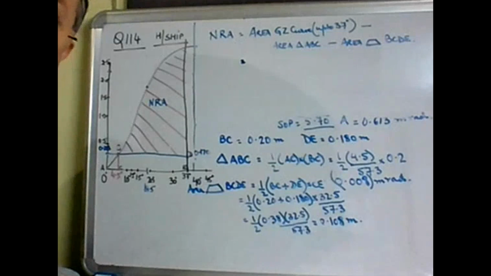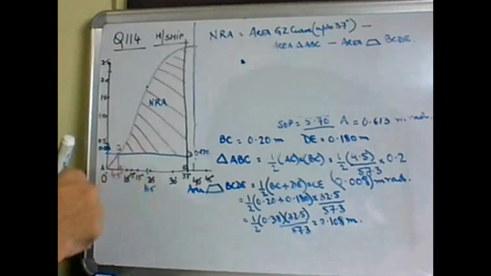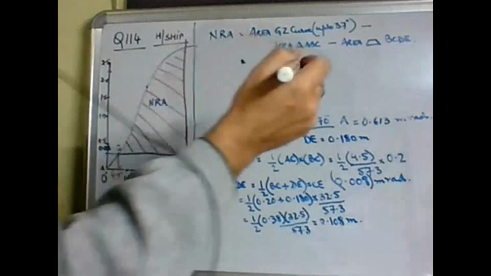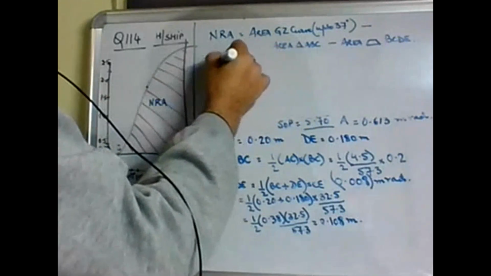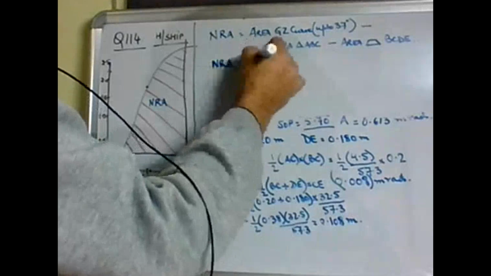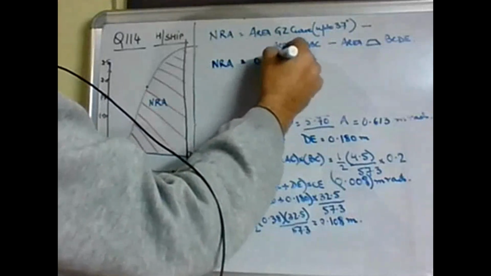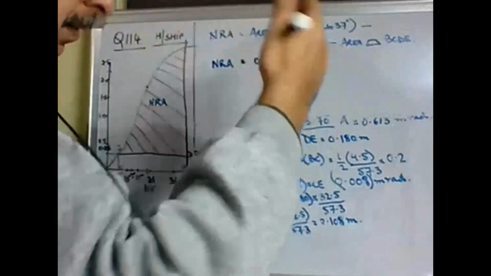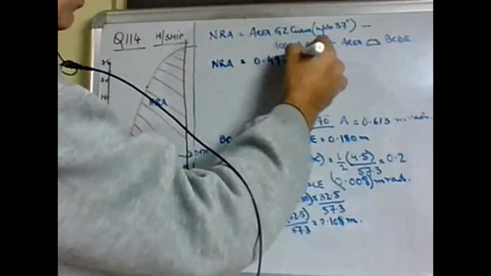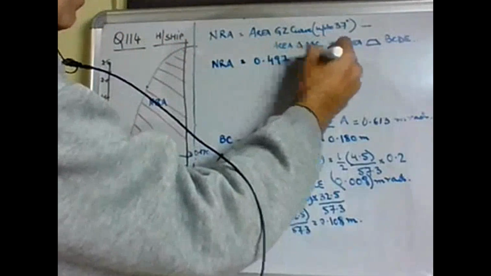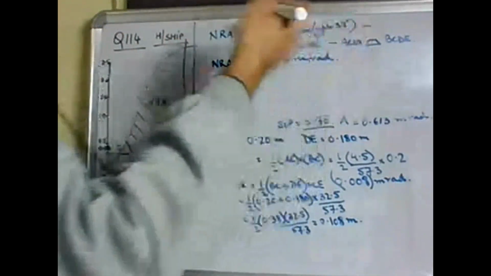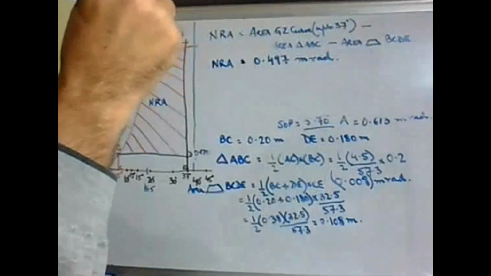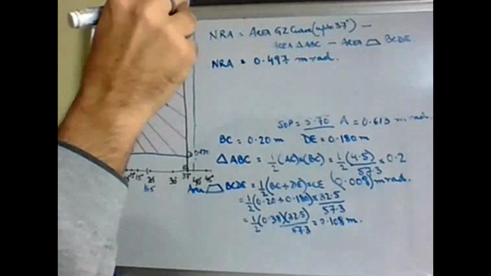Zero point 0.497 has come, sir. 497 decimal 497. NRA is 49... mine was coming 498 or 497. Okay, fine. 0.497, 0.498. That is the net residual area.